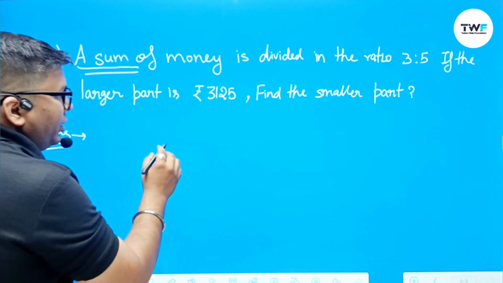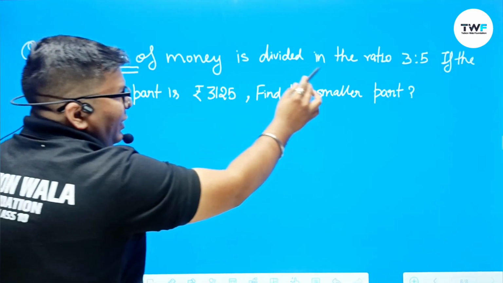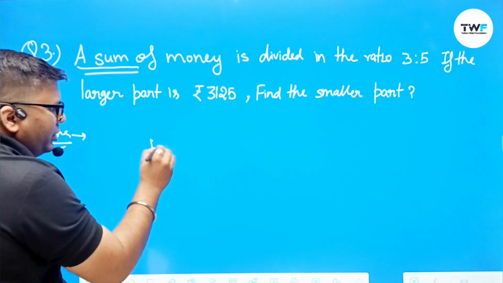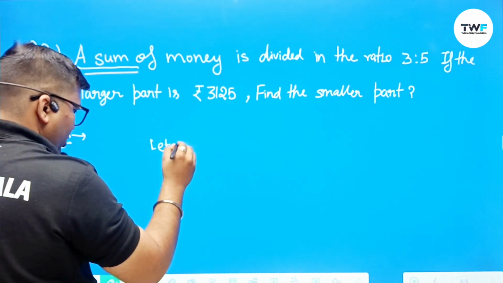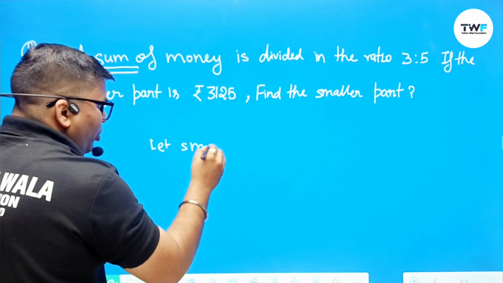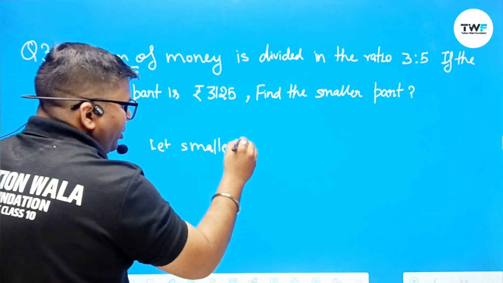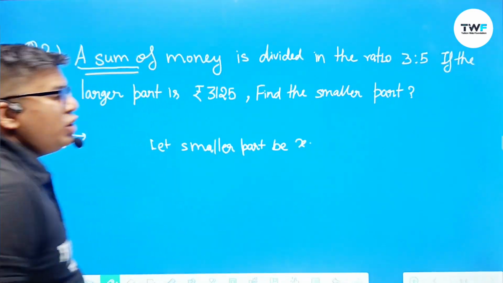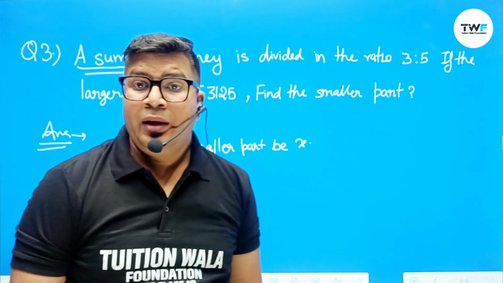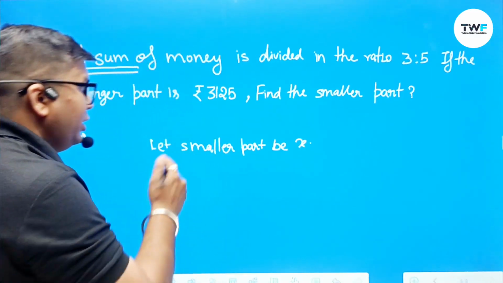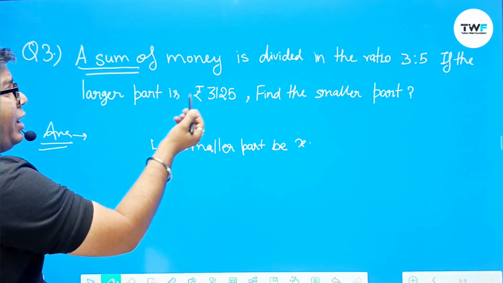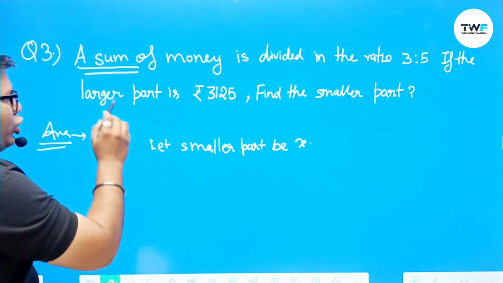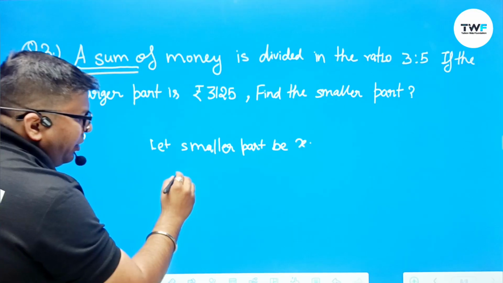See here, a sum of money is divided in the ratio of 3 ratio 5. Find the smaller part. Suppose the smaller part is x, and the larger part is 3125.